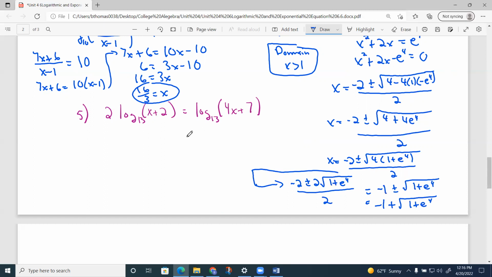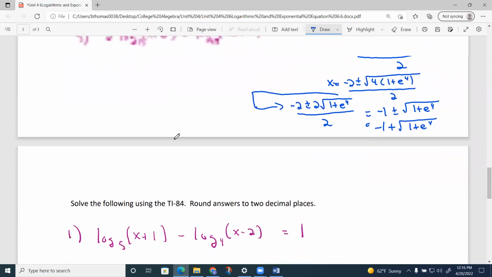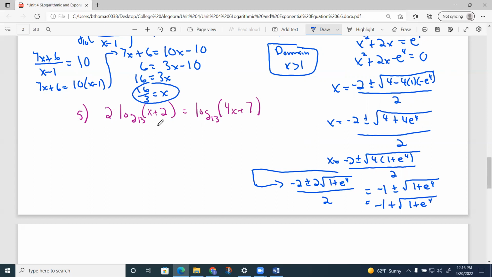All right, back over to number 5. We've got a few more to do here. I've got number 5 here. So again, we do have the same base on each side. It looks like what I could do is bring this exponent in.